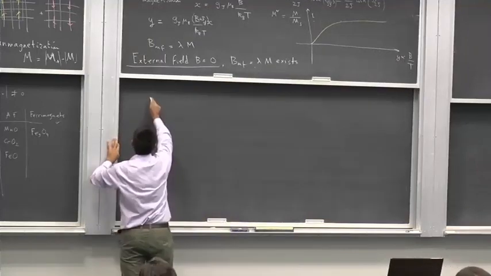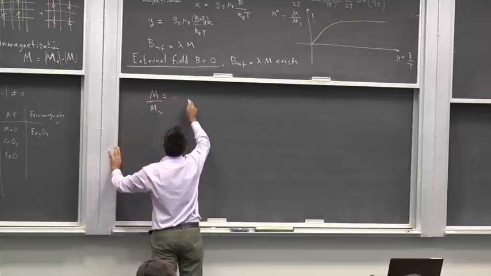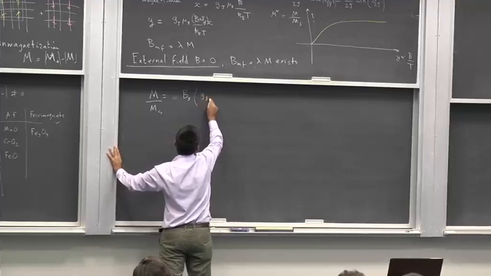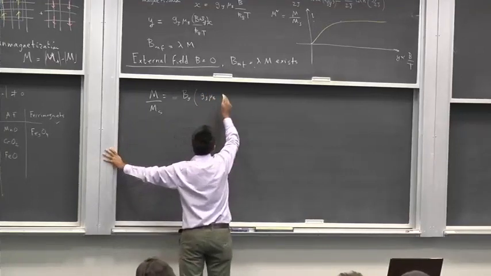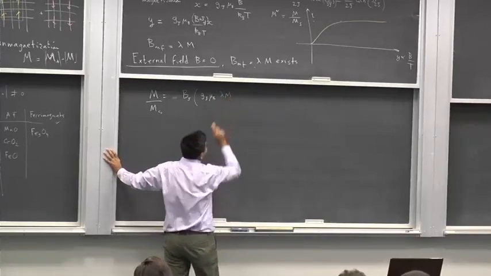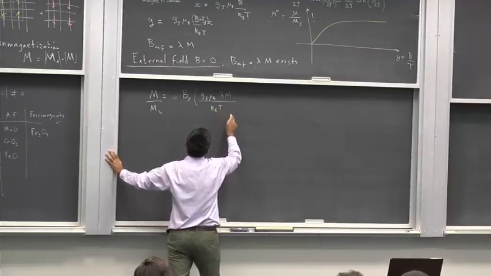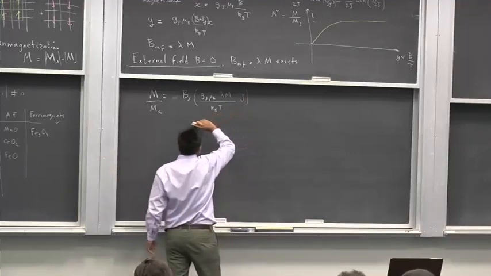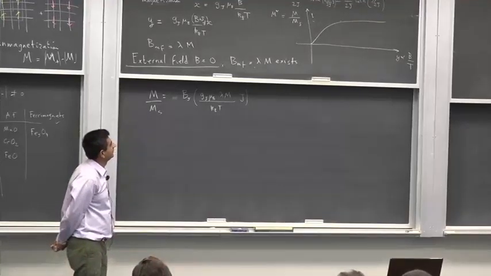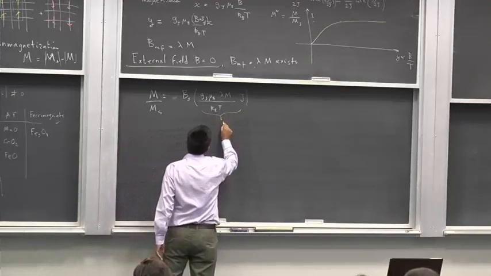So we have M over Ms equals B_J(y). So y is now g_J mu_B, instead of B I write lambda M, because B is BMF, over kB T, and I have a J as well here, right? x, y is equal to x times J. So this is my new x. All of this is my new y. This is my y.